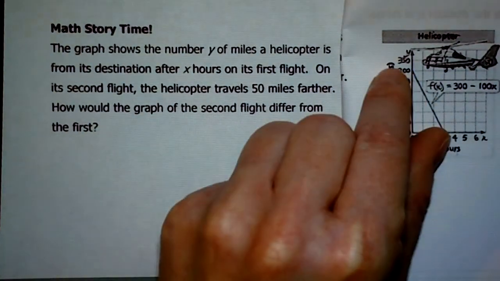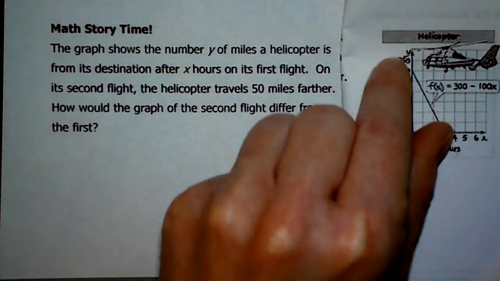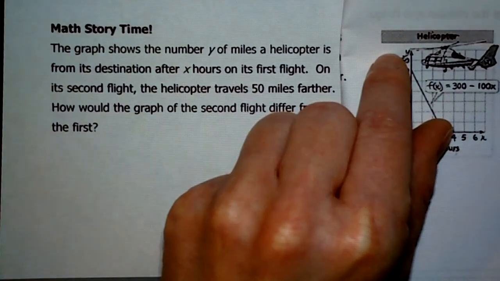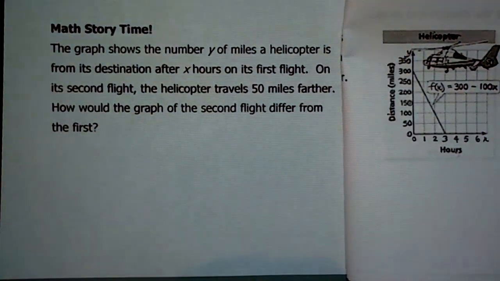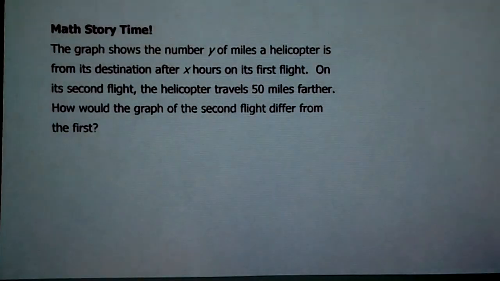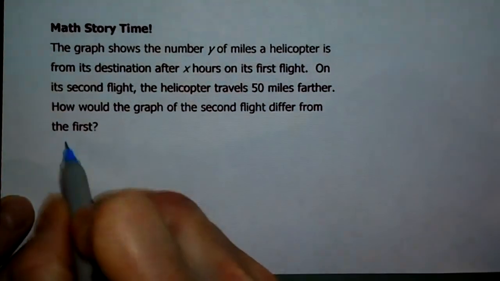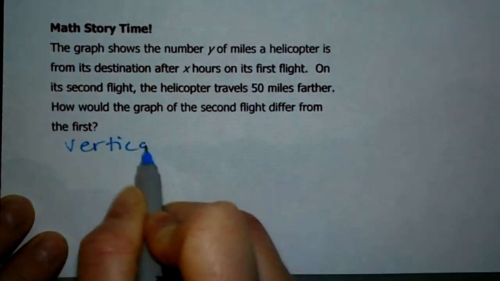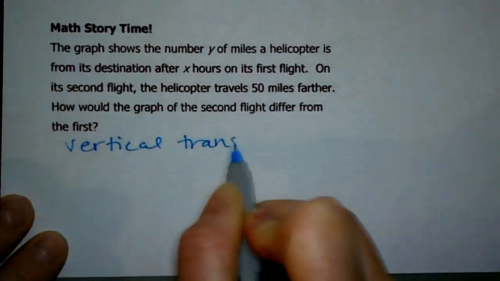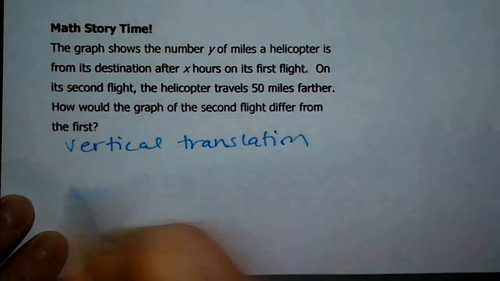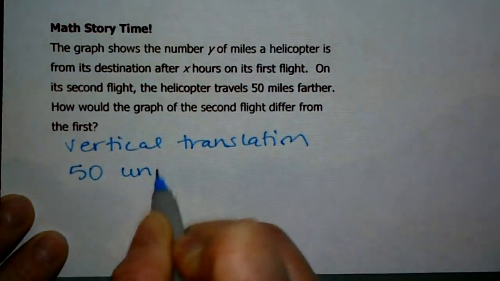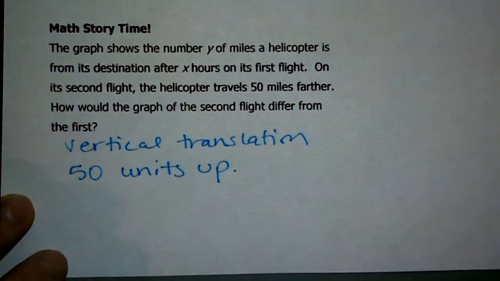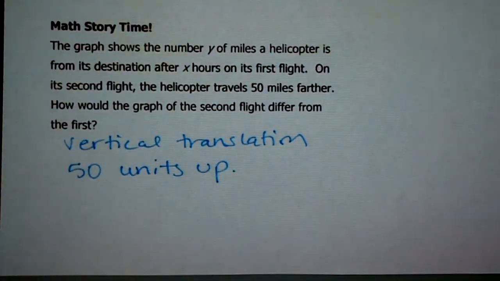So aren't you just taking this graph and sliding it up 50 units? But I don't want you to say sliding it up 50 units. You know what I want you to say. I want you to say it would be a vertical translation 50 units up. You're done. See you tomorrow.